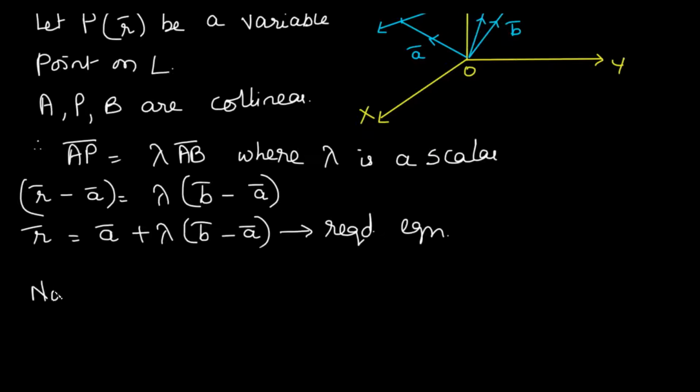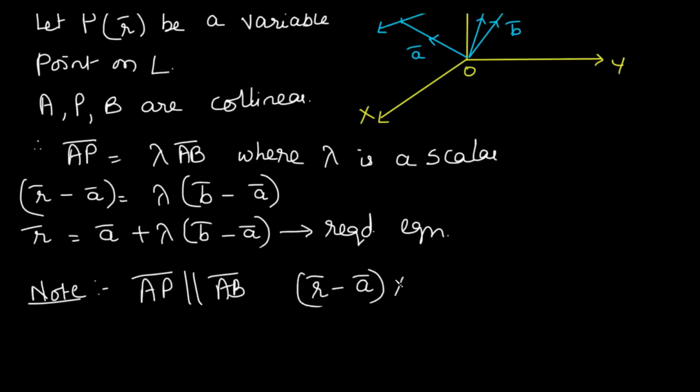So we can say that the cross product of (R minus A) and (B minus A) is equal to 0. Why so? Because AP and AB are parallel vectors. They are collinear, or they are parallel actually. So this is how the non-parametric equation of the same line can be obtained.